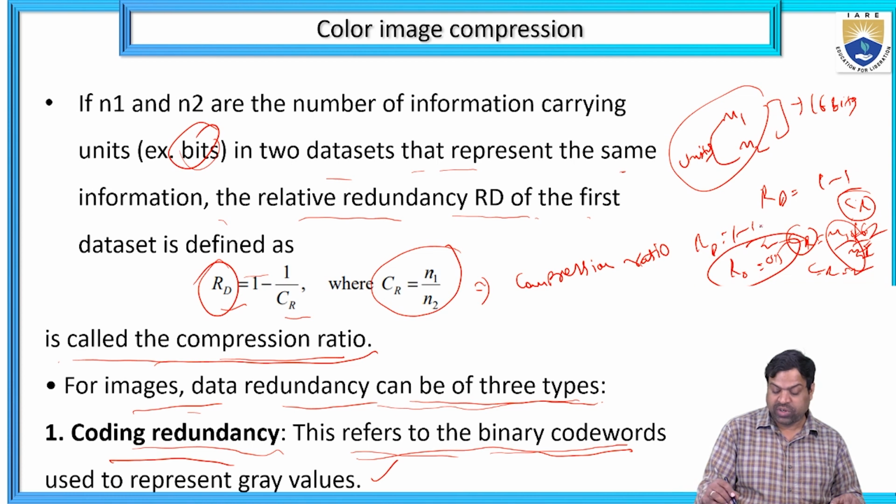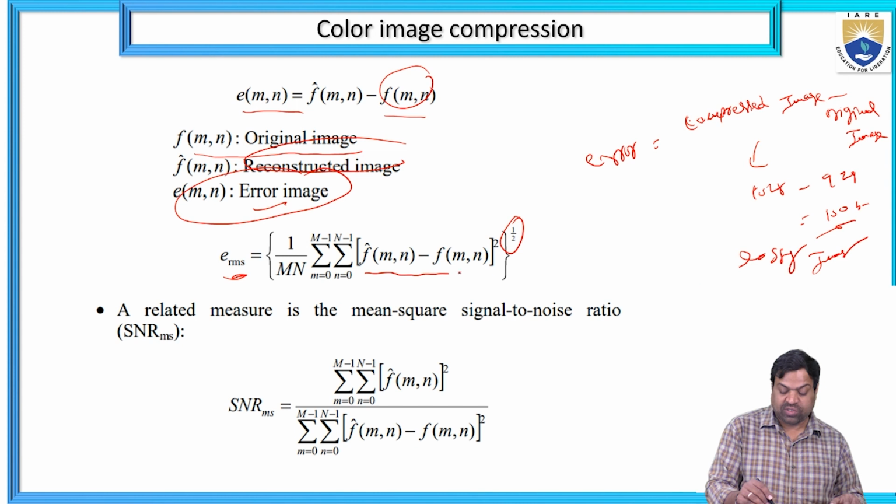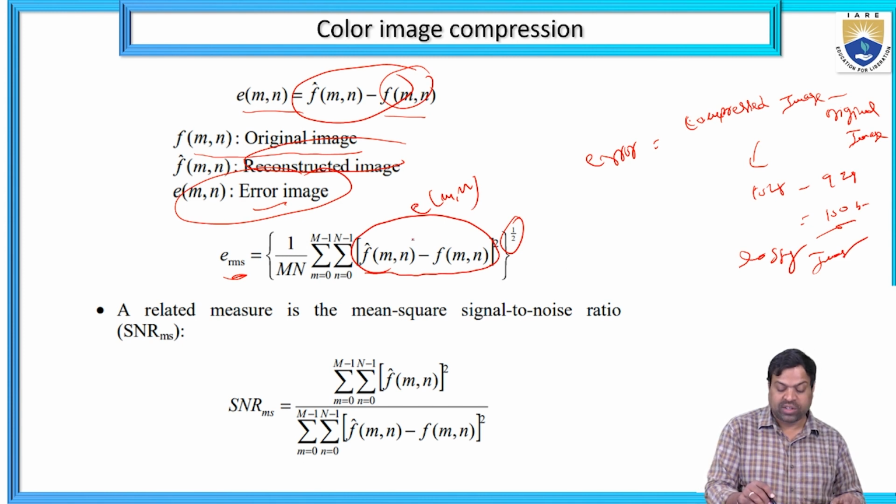Here I am taking the power 1 by 2. So f dash of m comma n minus f of m comma n is nothing but e of m comma n. So it is the summation of e of m comma n whole square, whole power 1 by 2.